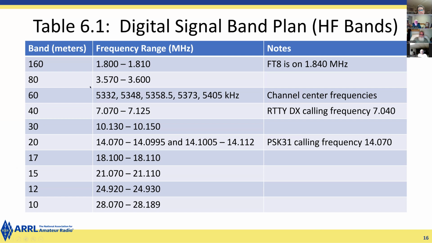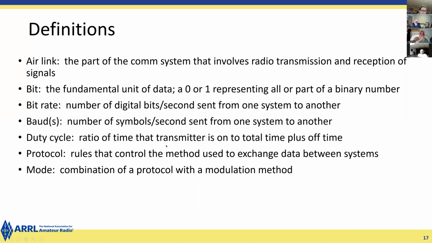For instance, on 80 meters, the CW and data segment goes all the way from 3.500 megahertz to 3.600. But the bottom 70 kilohertz is reserved for CW. Okay, so let's do some definitions here.